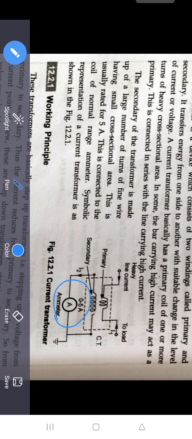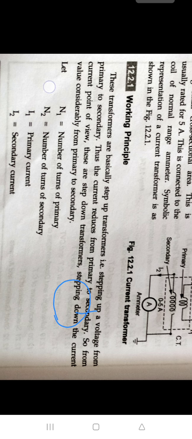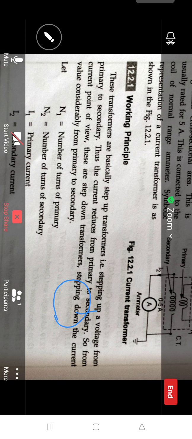We don't need a very high range; the normal range 0 to 5 ampere ammeter that we use at home, in our domestic area, the same can be used with the current transformer, but only on the secondary side. We will see it in the working principle.